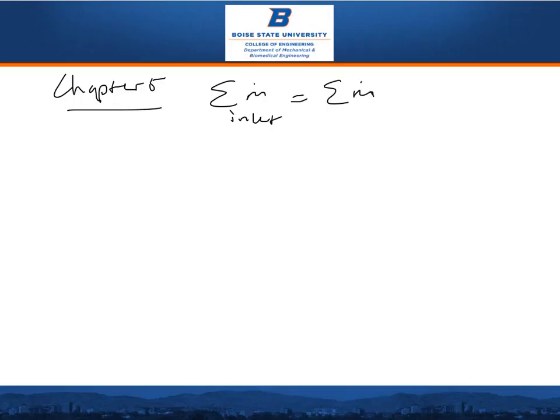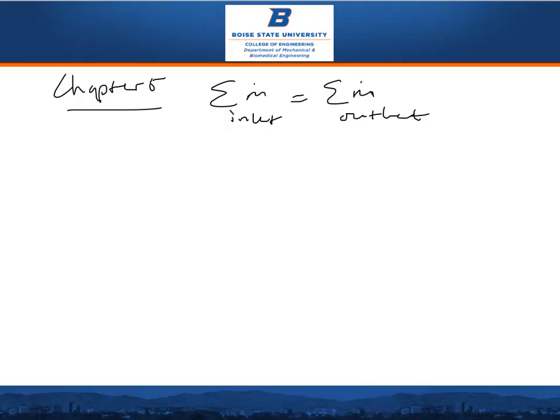All right, moving on to chapter 5. Okay, so the first main point from chapter 5 was conservation of mass for a steady flow process. We want to remember that if it's steady flow, the sum of the mass flow rates of the inlets is going to equal the sum of the mass flow rates of the outlets.